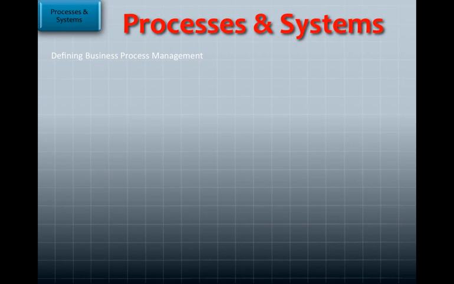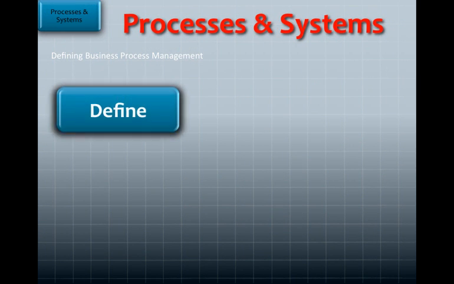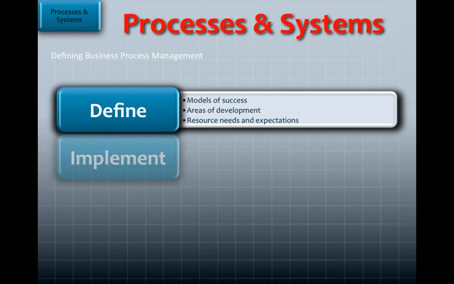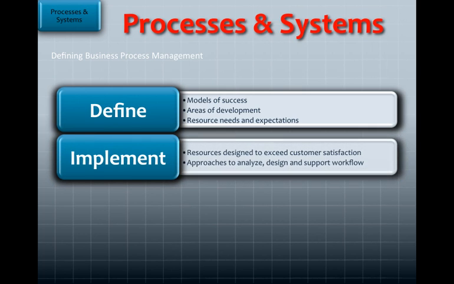So when we define business process management, what we're looking at is there are models put in place for success. And these models serve as a resource for needs and expectations that we put into the process and system framework. Implementation is important. The ability to approach things where you can analyze, design, and support the workflow within your organization.